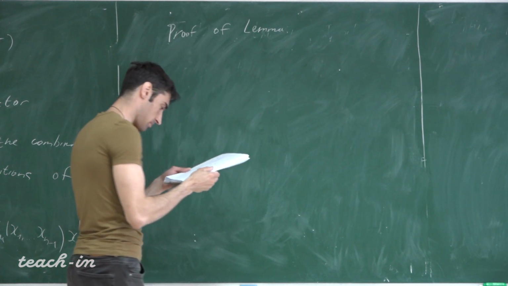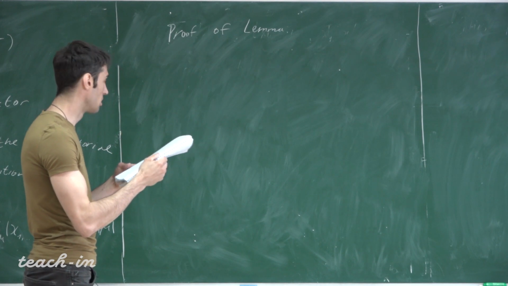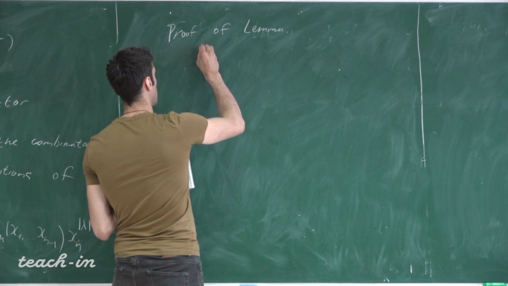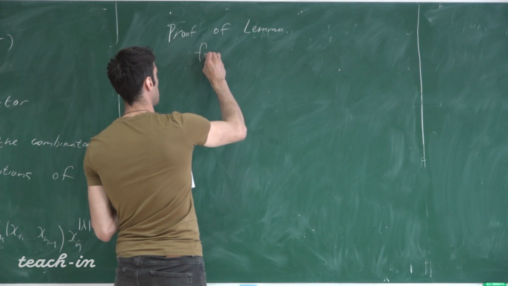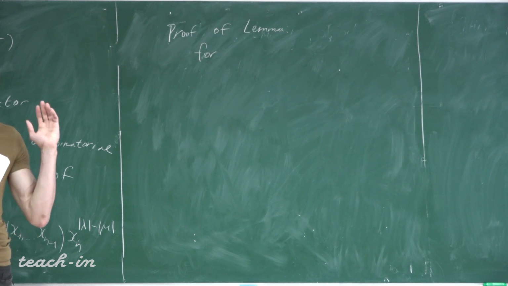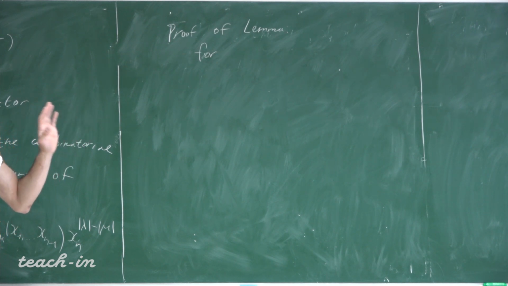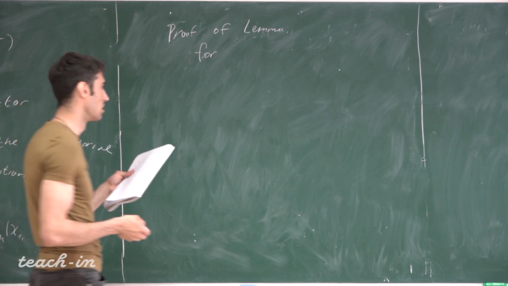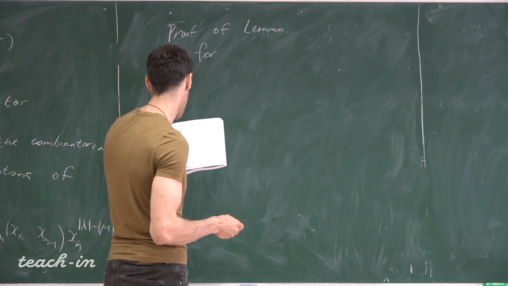So for simplicity, we just take a special case, and you see that everything works in general. You can do the same stuff, right? The pattern is clear from just this special case.